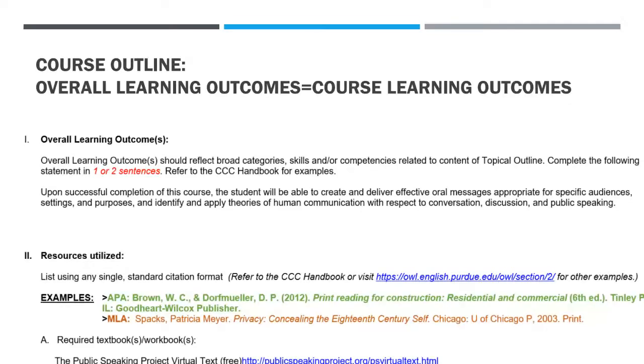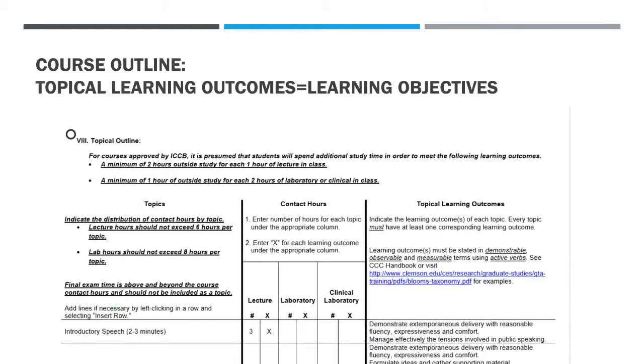When we look at the course content map and you see that section of course learning outcomes at the very top, that's going to correlate to these overall learning outcomes, which are taken from the course outline itself. Now, the other component you're taking from the course outline, again, are those topical learning outcomes. That's from that table that I just showed you.